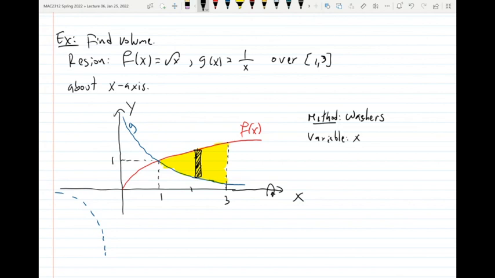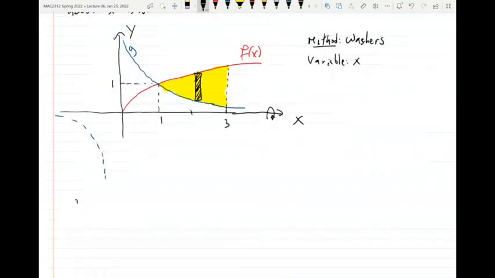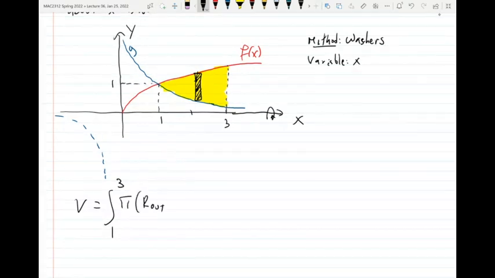The variable is x, because we're moving like this. And then the formula is going to be the integral from 1 to 3, because those are my limits, of pi times r out of x squared minus r in of x squared dx.